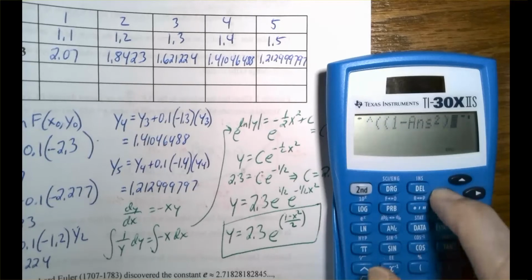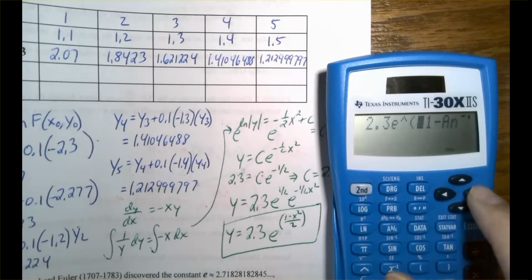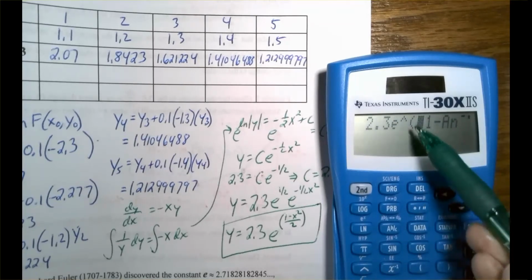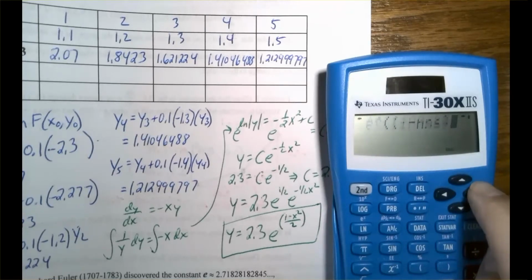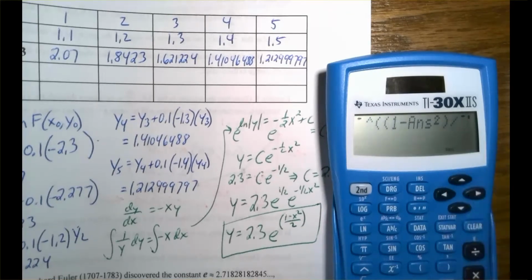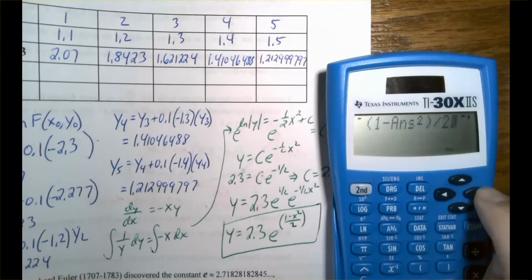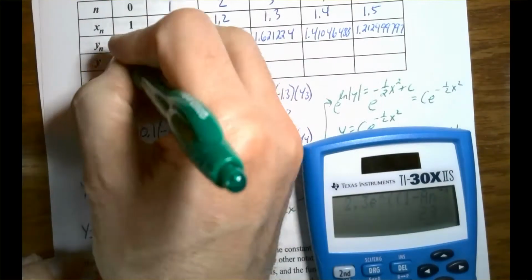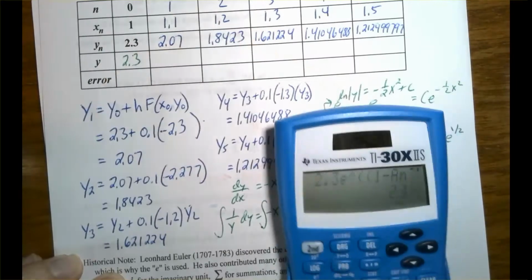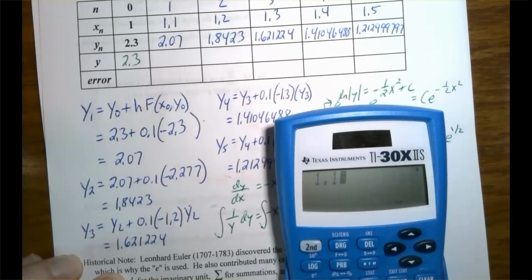If you look at the parentheses, the first one is just for the exponent on e, and the second one is to get the numerator separate from the denominator. That closes the numerator, then divided by 2, and then that closes your exponent. Enter. So 2.3. It is correct when I plug in 1, it's 2.3. So I'll go ahead and fill this value in right here. It's 2.3.